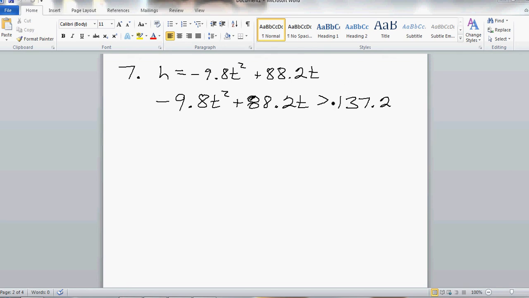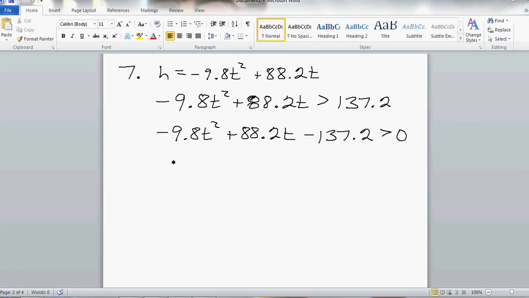Well, first thing we need to do is get everything to one side, and 0 on the other. So it'll be negative 9.8 t squared plus 88.2 t minus 137.2 greater than 0 is what we're asking. The first thing we're going to do is divide everything through by negative 9.8 to get rid of this beginning part.